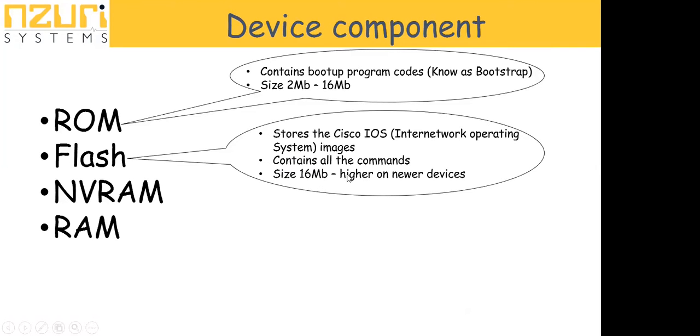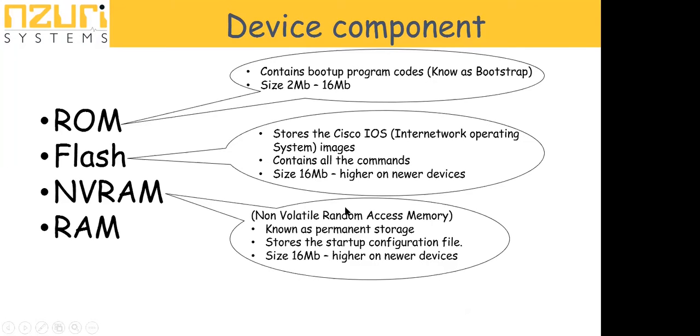On newer devices, they tend to be quite bigger sizes, and you should be able to find about 4 gig or so, thereabout, on a device. Then we have the NVRAM. Your NVRAM is the non-volatile random access memory. It's more or less like a permanent storage area on your system. But however, what it stores is basically the startup configuration files.